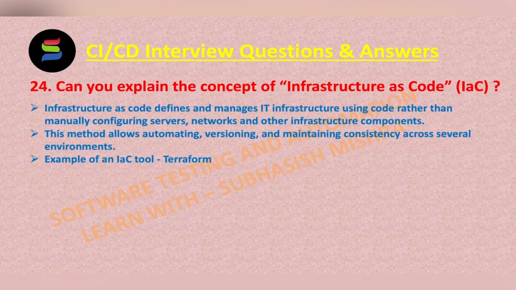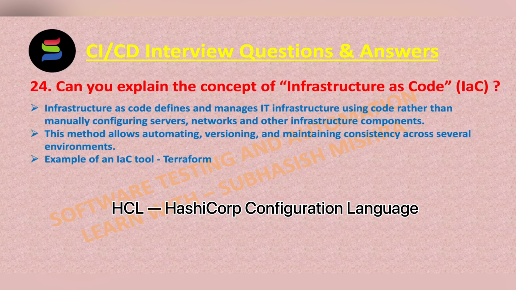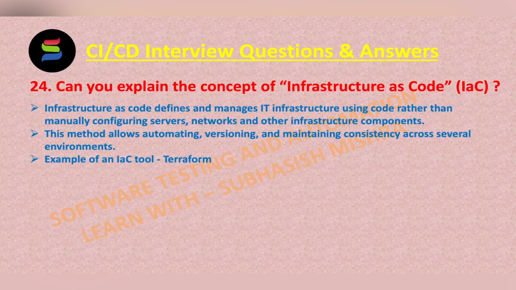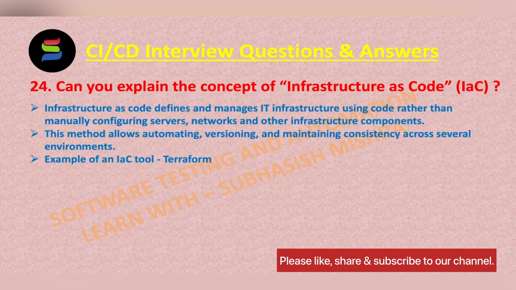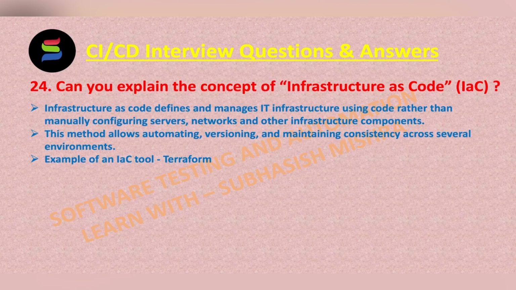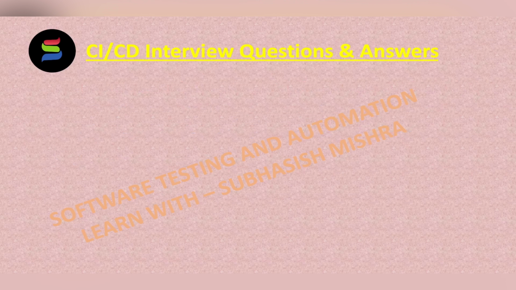Terraform uses a domain specific language known as HCL. HCL means HashiCorp Configuration Language, used to describe infrastructure resources and their relationships. With Terraform, you can create, update and manage infrastructure as code, making it easier to version control and maintain infrastructure configurations. We will move to the next question.